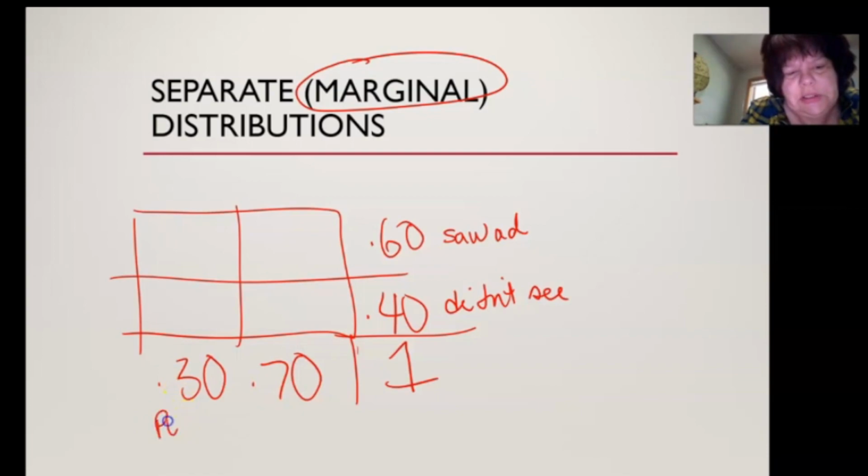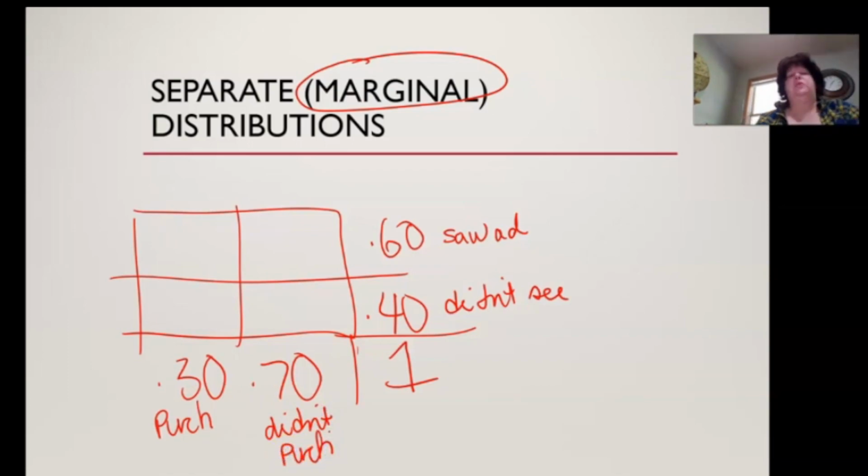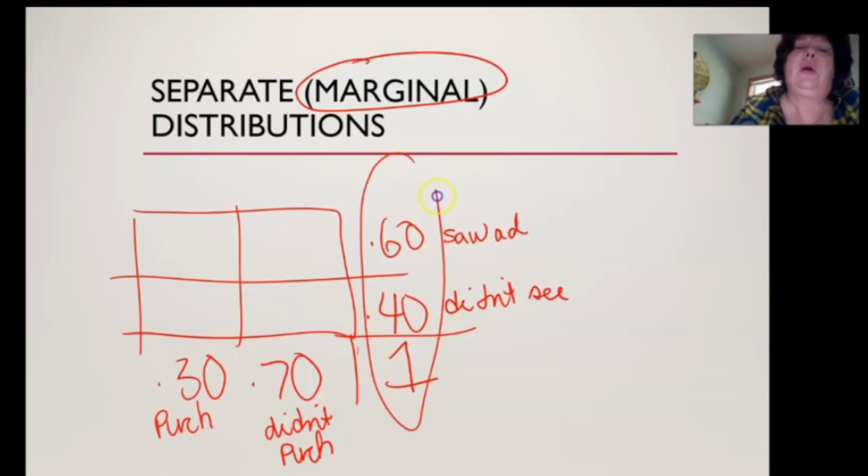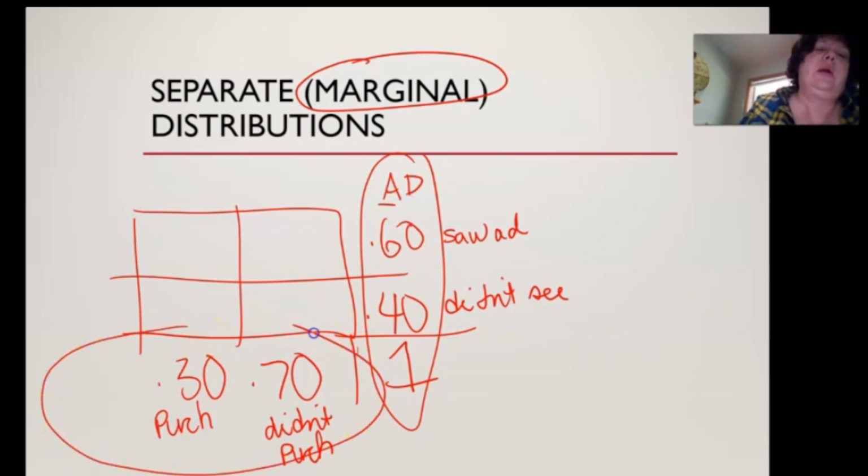30% made a purchase. 70% didn't purchase. And that's its own distribution as well. So we have 2 marginal distributions. One for the ad by itself, and one for purchase by itself.